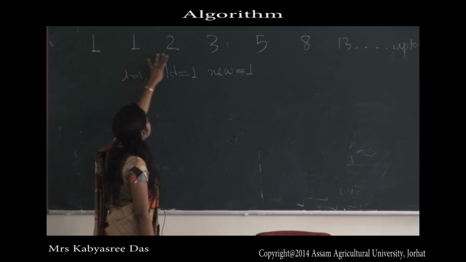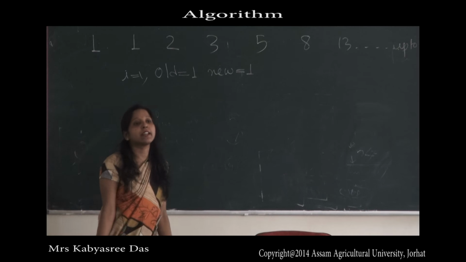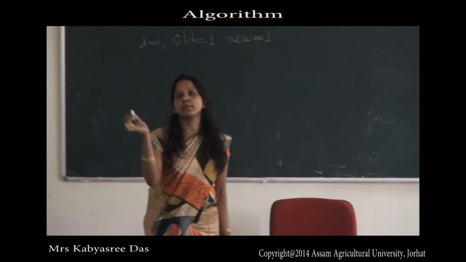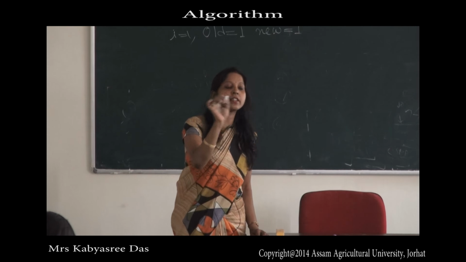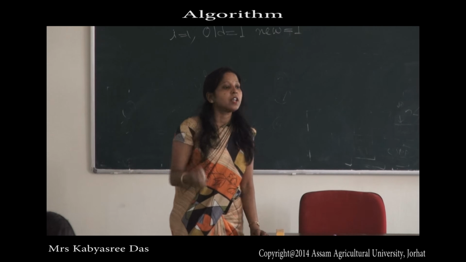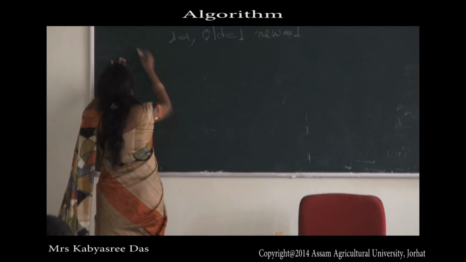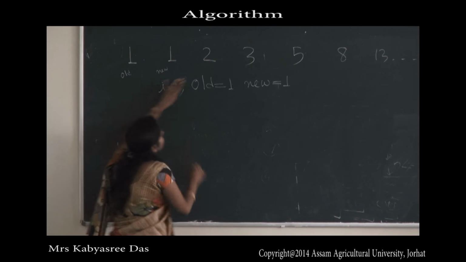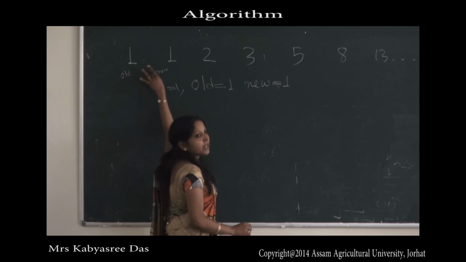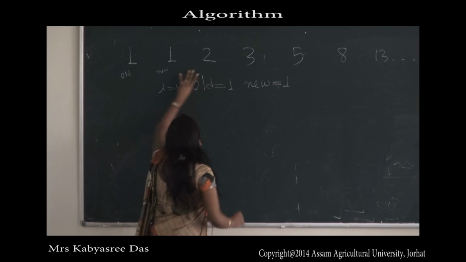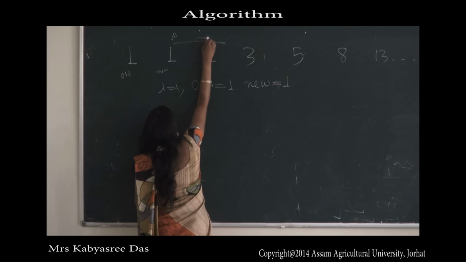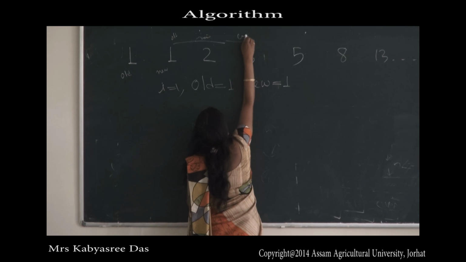To print the series, you take another variable, current. What is current? Current is equal to old plus new. Every time, current is equal to old plus new. This is old, this is new, and this is current. For the next step, this is old, this is new, and this is current.